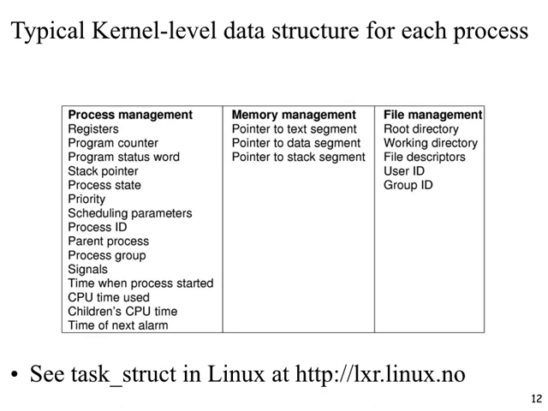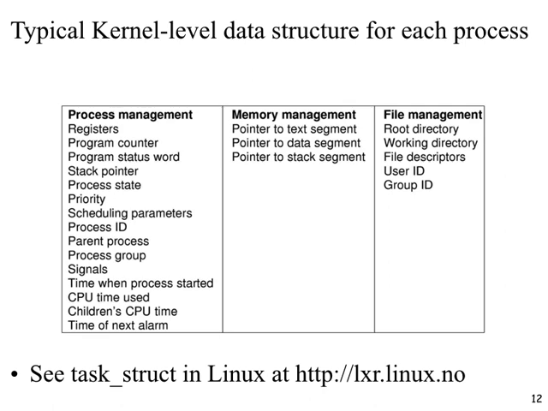In the memory management context, you have the code segment, data segment, stack segment, etc. Similarly, for file management, you have open files, open sockets, user IDs, and so on. So everything together constitutes a process state.